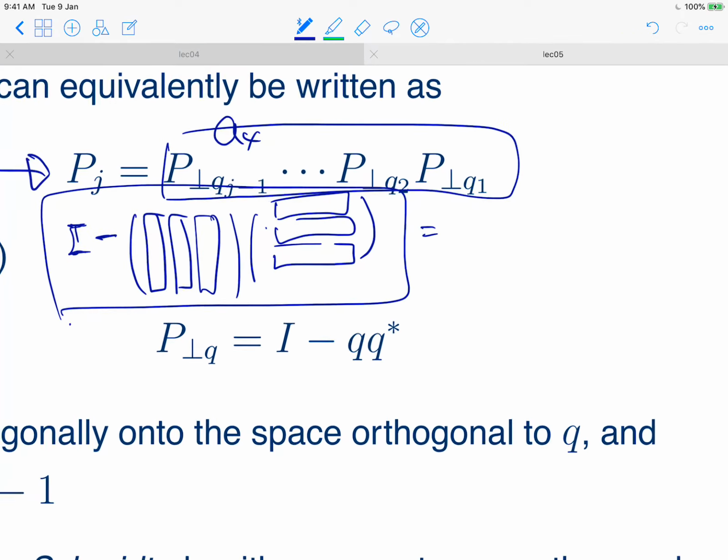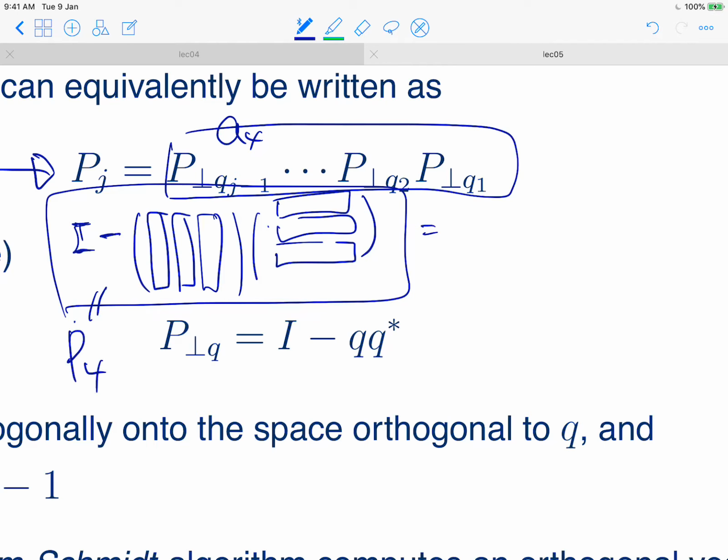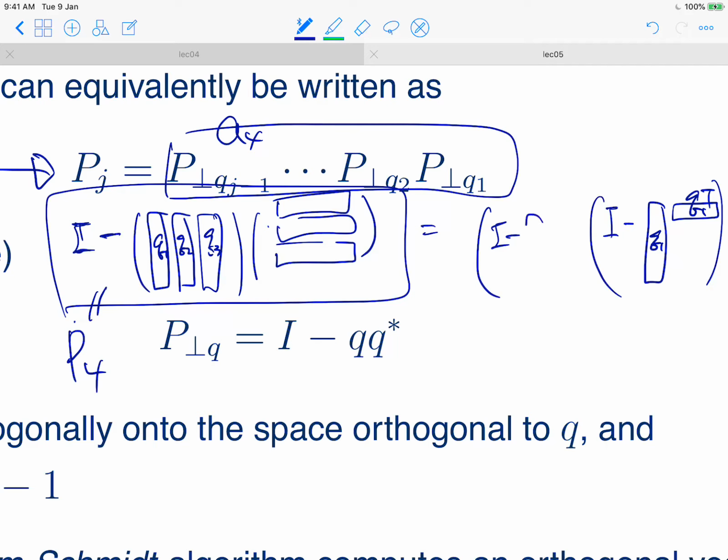So this is P4, following the notation in this slide, and then it is the same as I minus Q1 Q1 transpose, and then I minus Q2 Q2 transpose, right, and the third one as well.